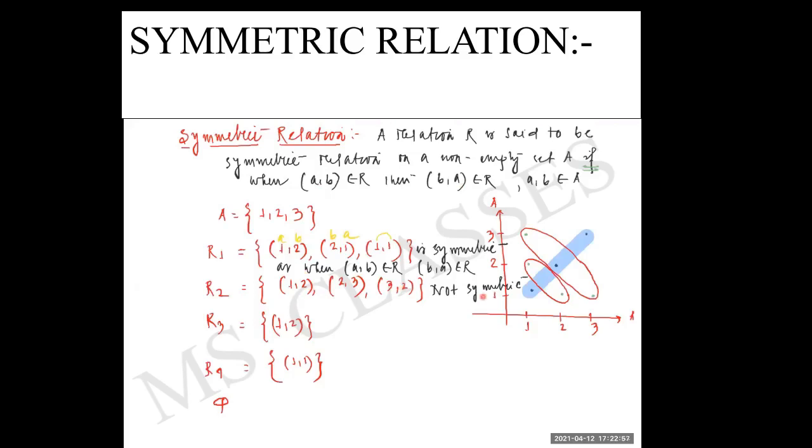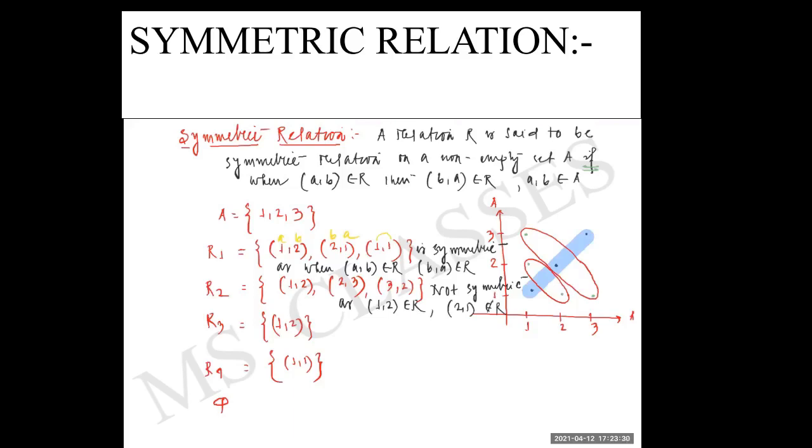Though one is obeying the condition, one is not obeying the condition. If there is anyone who is not obeying the condition, then it will not hold true. So write: not symmetric, as (1, 2) belongs to R, but (2, 1) does not belong to R.